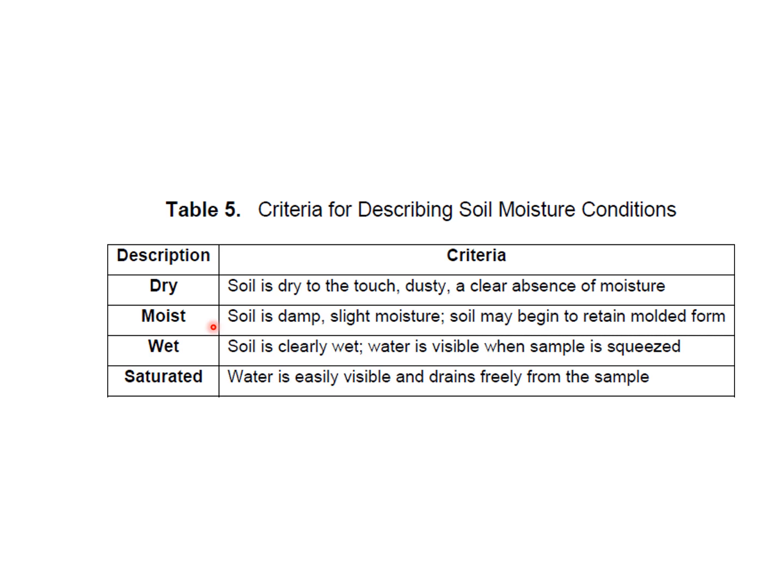Moist, soil is damp, slight moisture, soil may begin to retain molded form. Wet, soil is clearly wet, water is visible when sample is squeezed. And saturated means water is easily visible and drains freely from the sample. In this way you can get an idea about the moisture condition of the soil.